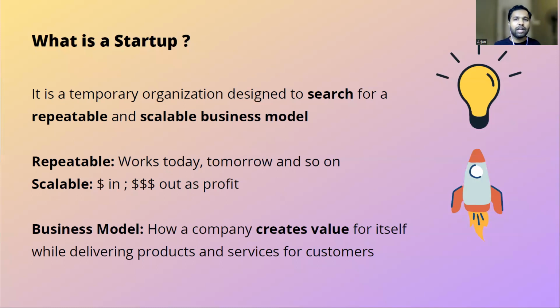Because when you're starting up a company, you will definitely have some idea in your mind. So you will start with a certain business model, you will continue with that business model, but after some time you will realize that that business model may not give you good returns. That business model is not very scalable or not very repeatable.